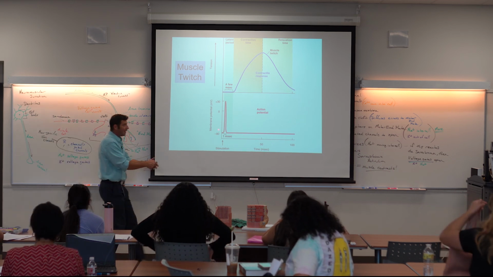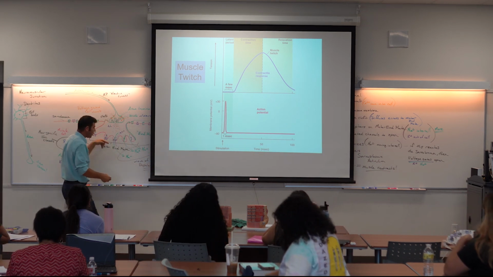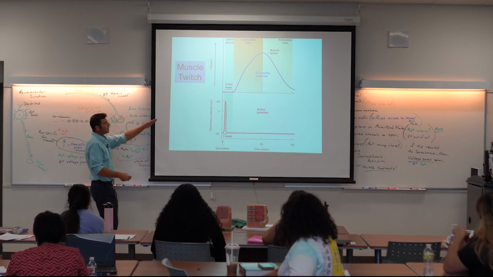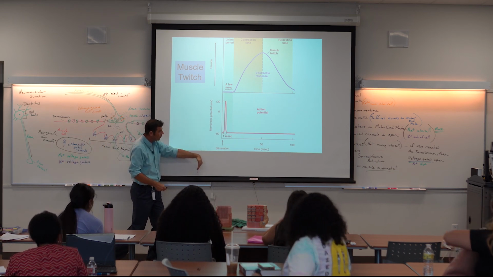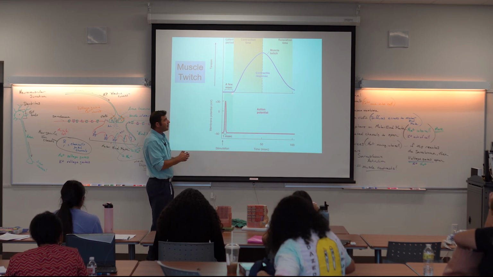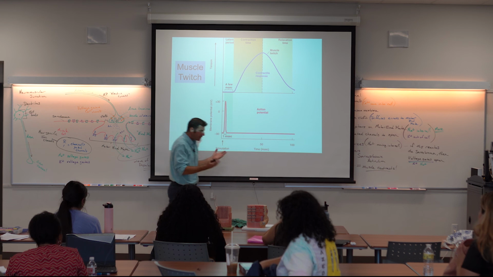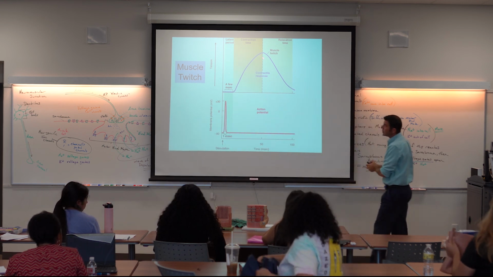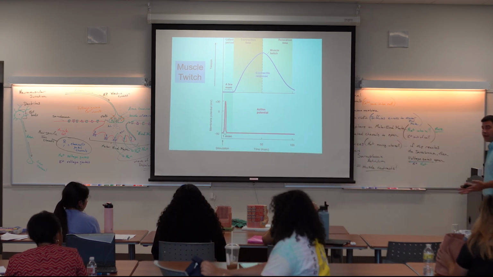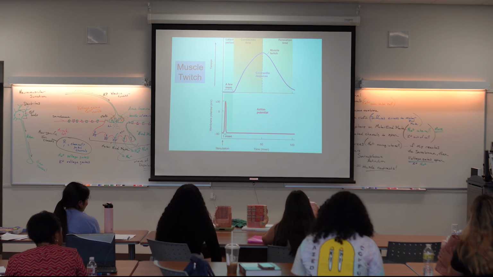Again, what's happening in those milliseconds is this electrical current is making its way out of the motor end plate, down the sarcolemma and down the T-tubule, hitting that sarcoplasmic reticulum, and then eventually we get calcium ions leaking into that sarcoplasm. As calcium ions increase, so does the strength of contraction. And as those calcium ions decrease, so does the strength of contraction.